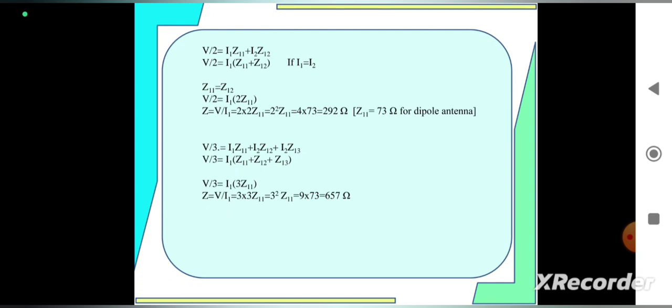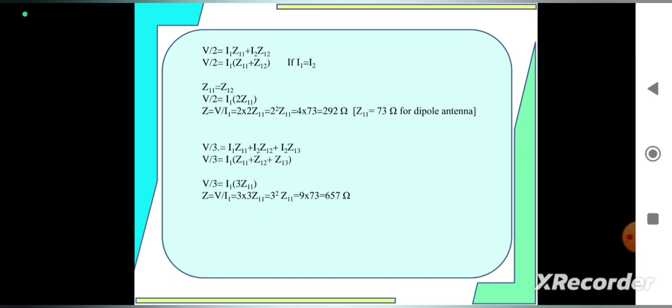Taking I1 equal to I2 equal to I3 equal to I1, substitute I1 common. So Z11 plus Z12 plus Z13. Next, also Z11 is equal to Z12 is equal to Z13 is equal to Z11. So we have 3 Z11.